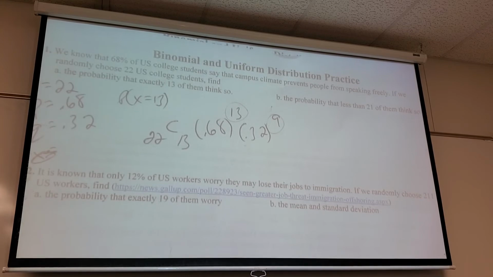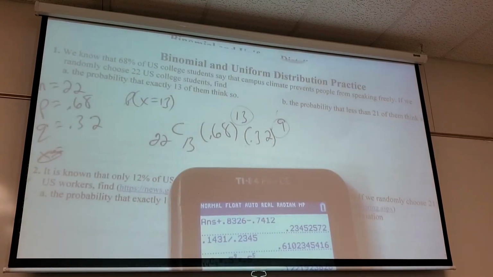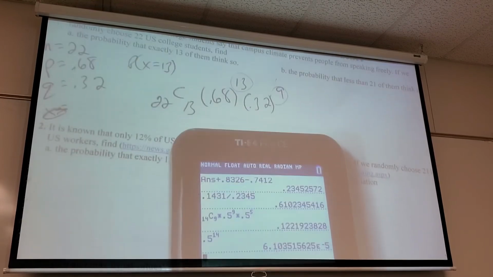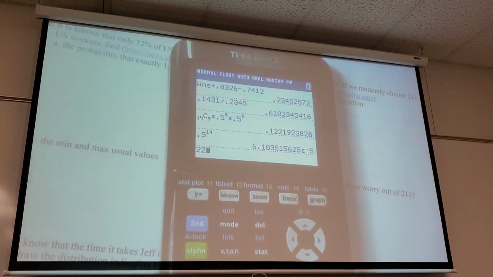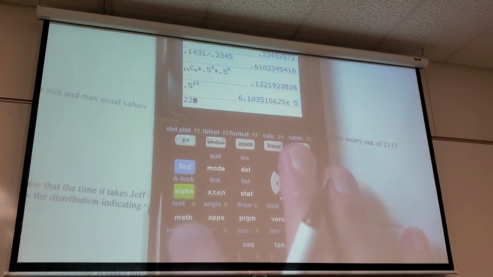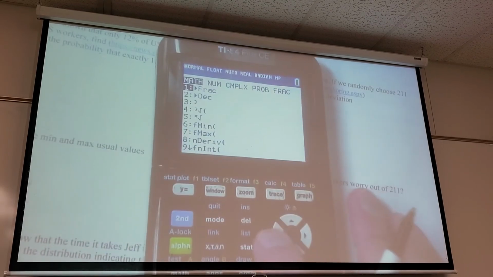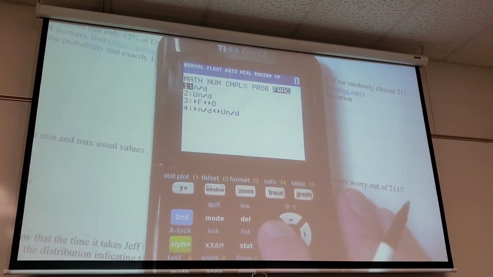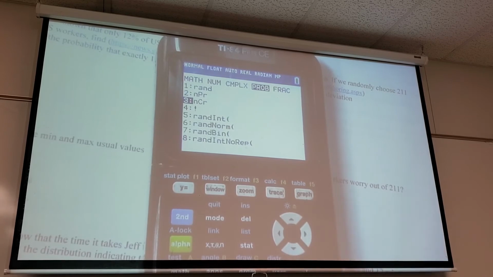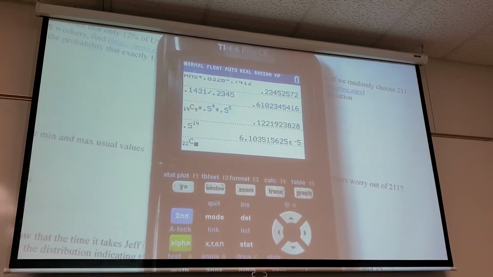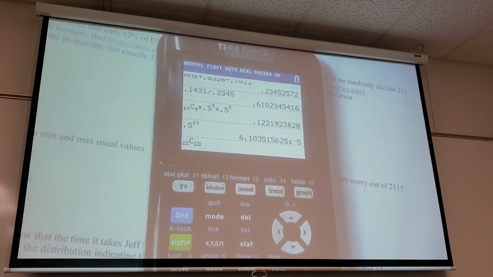I didn't bring my calculator, so hopefully you guys have calculators. If you plug this in the calculator, it's going to look like this: 22, math, probability, number 3 for choose. 22 choose 13.